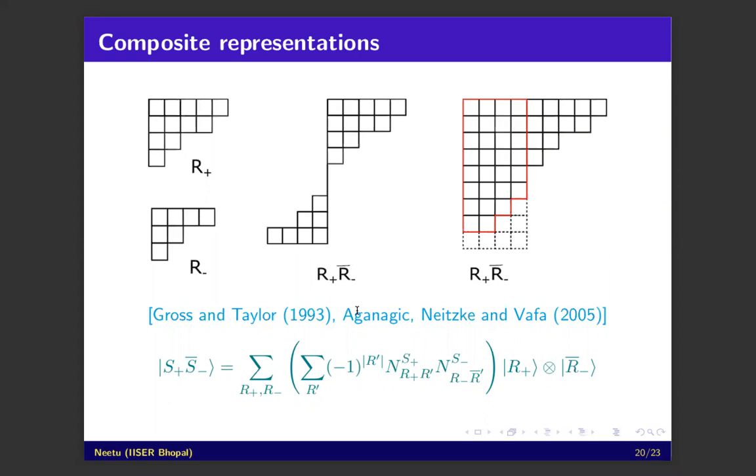But what about the bottom boxes with the dotted lines? No, they are not there. I've drawn this just to show how we get the conjugate representation. You complete the rectangle and then you throw away the original boxes, whatever was there to the left of the central line. Okay. Great. Thanks.